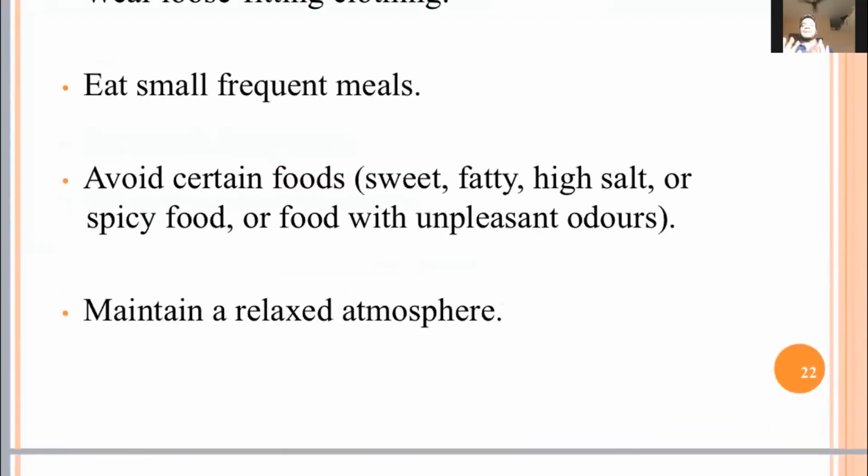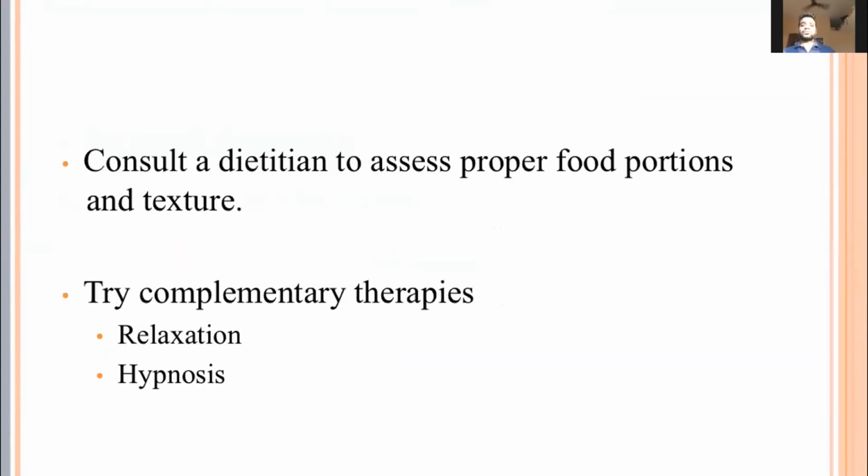Then maintain a relaxed atmosphere. Sometimes many people get the feeling of nausea, vomiting when they are in a crowded atmosphere. So maintain a relaxed atmosphere. Then consult a dietitian to assess proper foods, portion and texture, what they should eat. The dietitian can give a better specialized opinion.